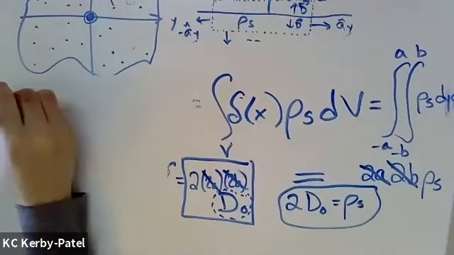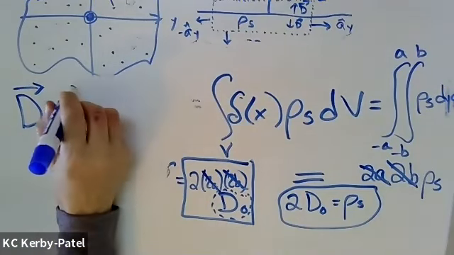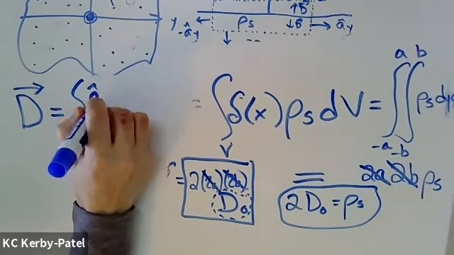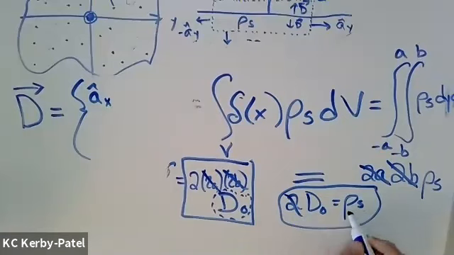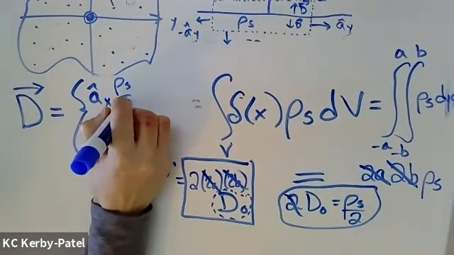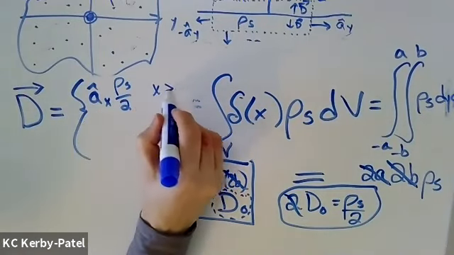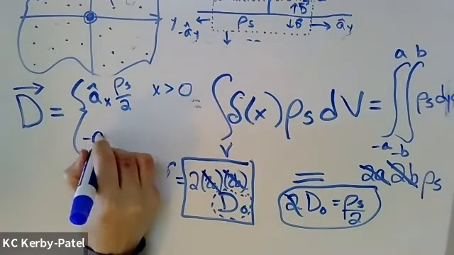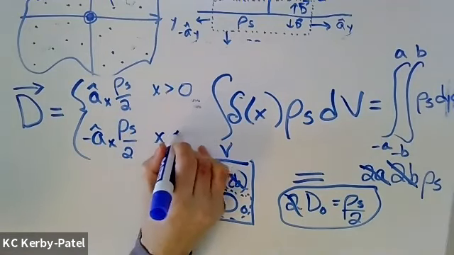So the way to write the solution for this problem is that my vector d is equal to a hat x rho s over 2 for x greater than 0, and minus a hat x rho s over 2 for x less than 0.